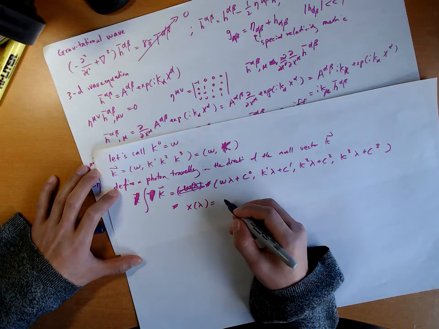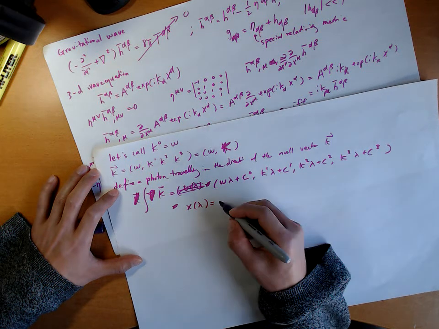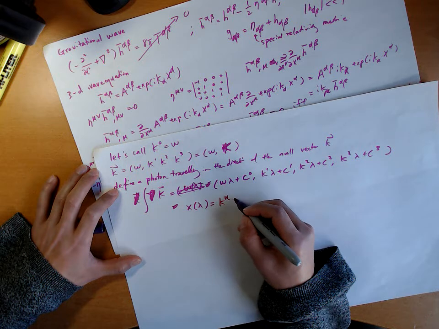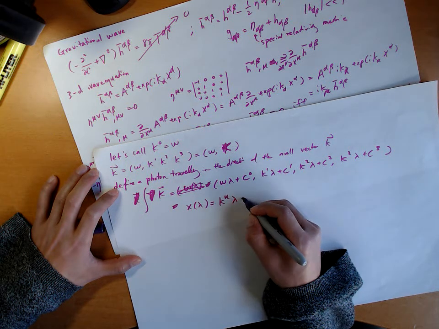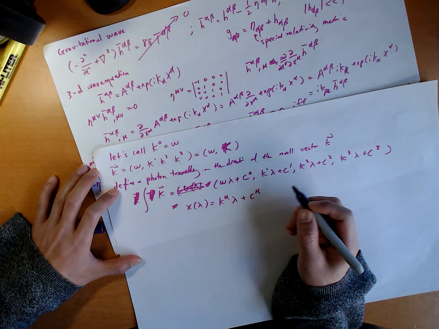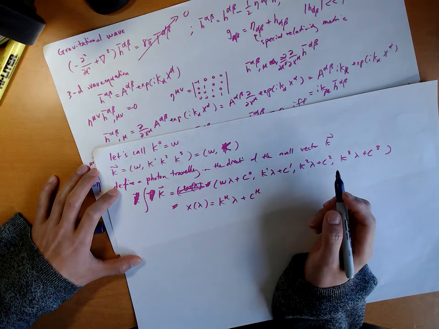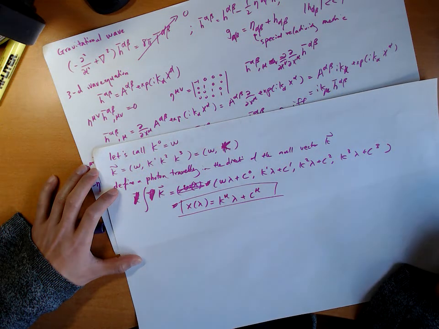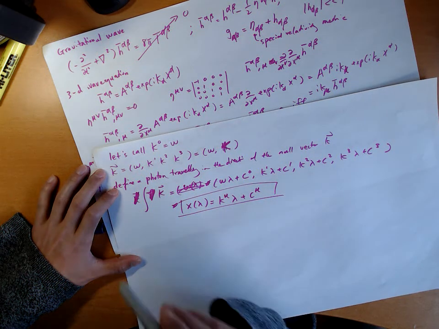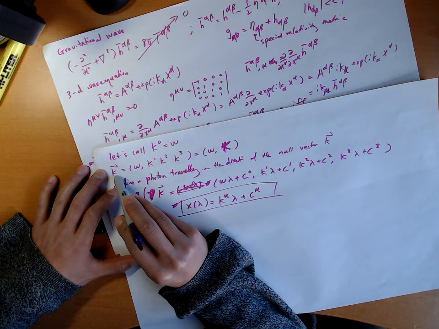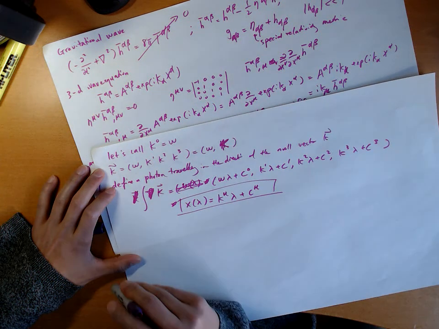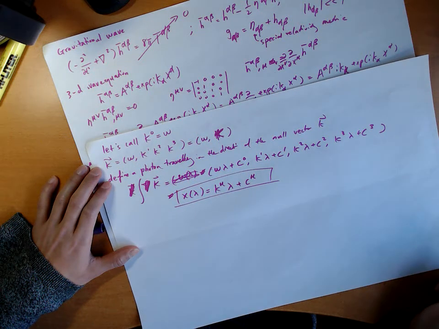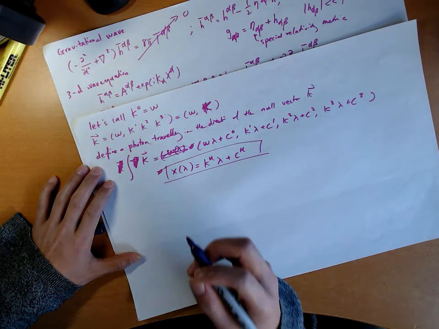And just let's do a shorthand. Let's just say k mu times lambda plus c mu. Right. So this is the position function of the photon traveling in the direction of the null vector, with the null vector being tangent to the photon.